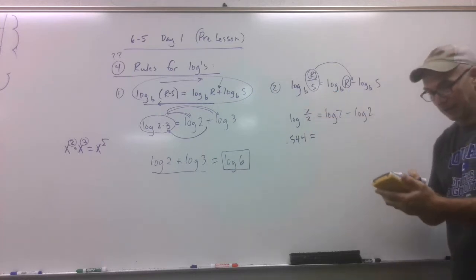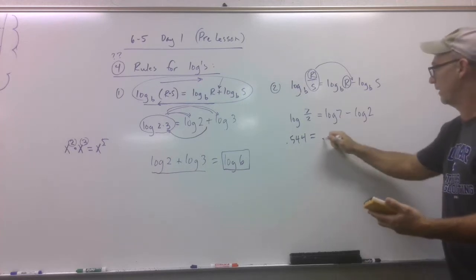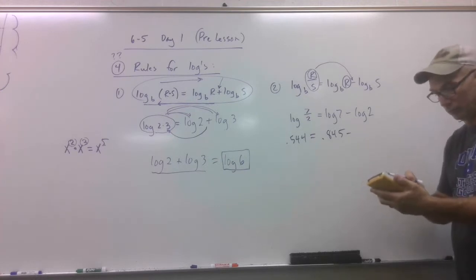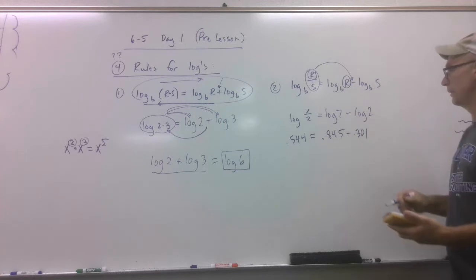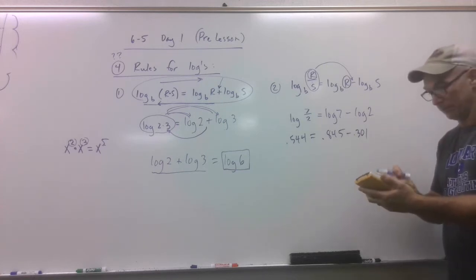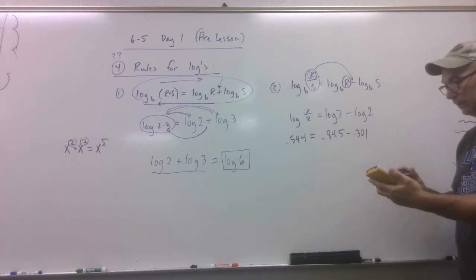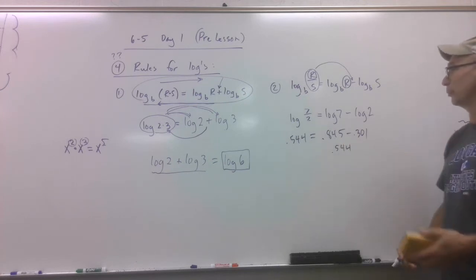Now let's check this out, see how accurate it is. Log of 7 is 0.845 minus log of 2, 0.301, and if I subtract 0.845 minus 0.301, guess what I get? I get exactly 0.544. Does this stuff work?